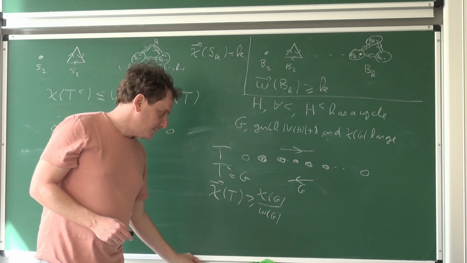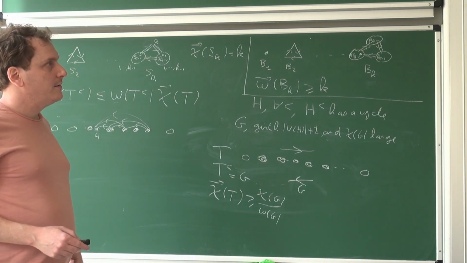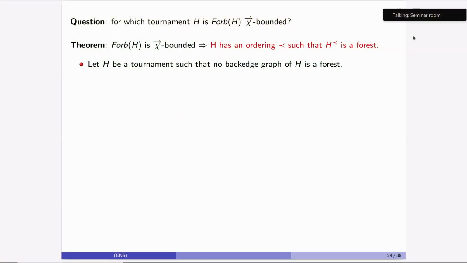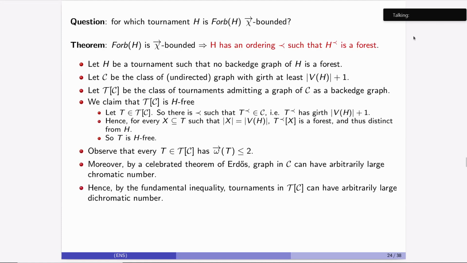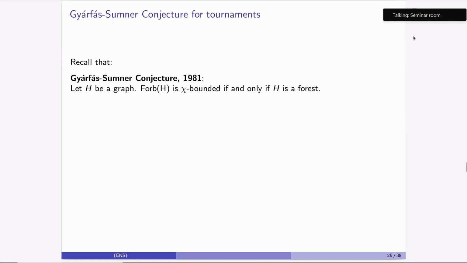So the class is not chi-bounded. The proof is exactly the same as the proof that in the undirected setting you need to forbid a forest, and the property is transferred by the fundamental inequality. So this is what I wrote here, in case I was forgetting.